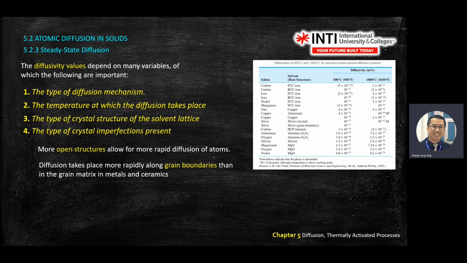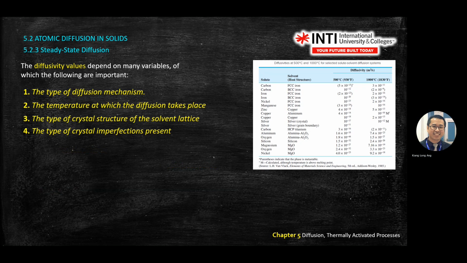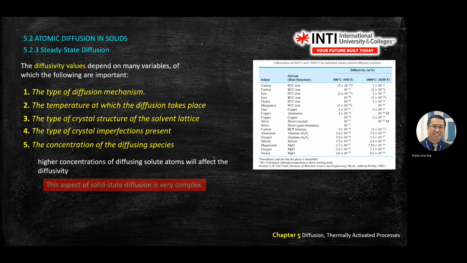Crystal imperfection that we learned previously is the defect that appears in a crystal. So if you have more boundaries or grain boundaries, then you have more space to fill in, and diffusion will happen more easily. Then concentration of diffusing species.